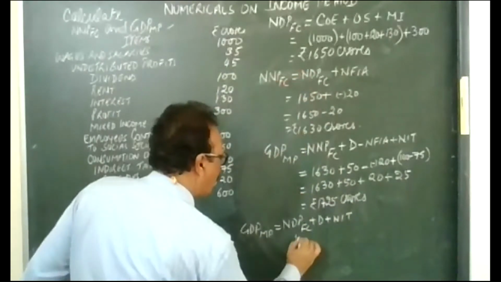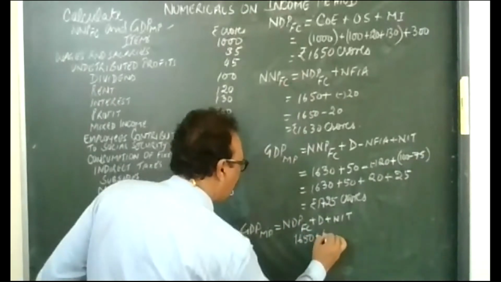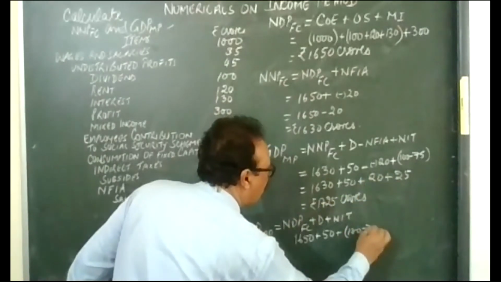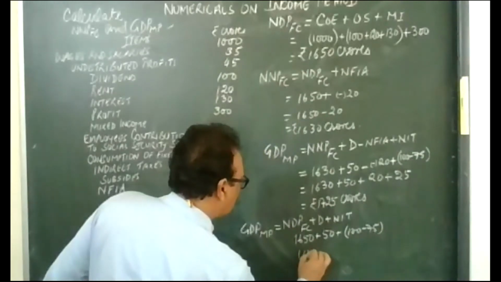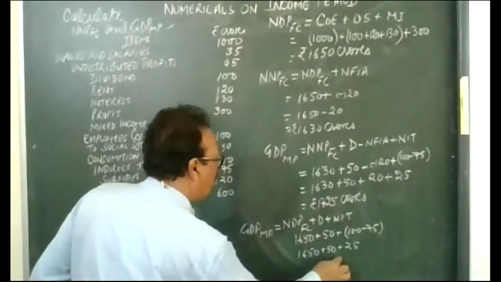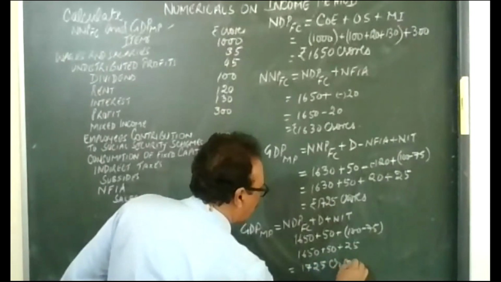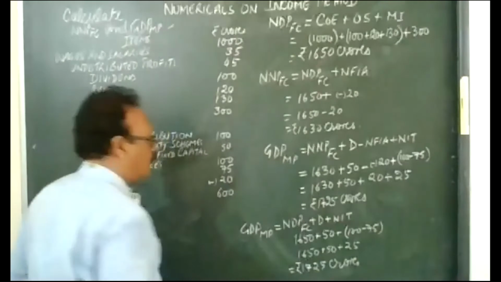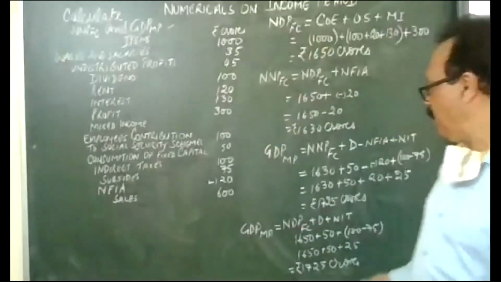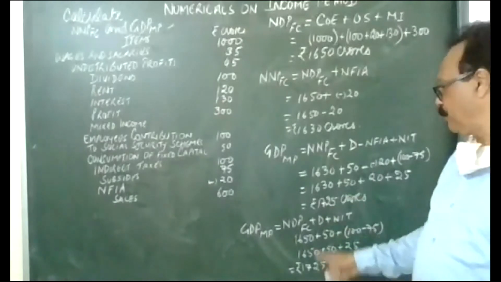The value was 1650, depreciation was 50, plus 100 minus 75. 1650 plus 50 plus 25, 1725 crores. You can calculate either way, from the value which you have in the factor cost, or from the national income; you will get the same answer.